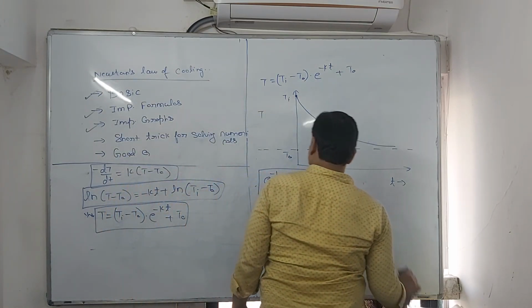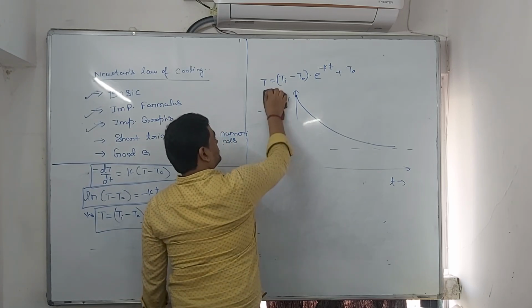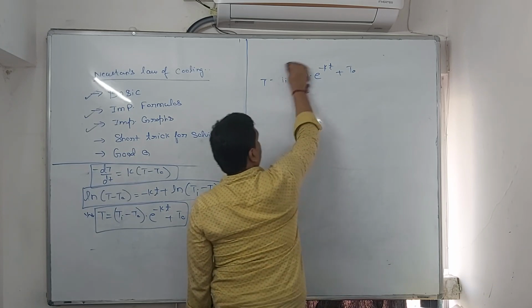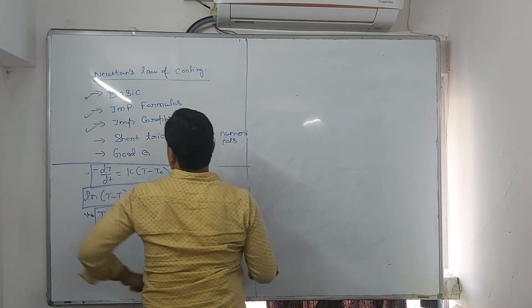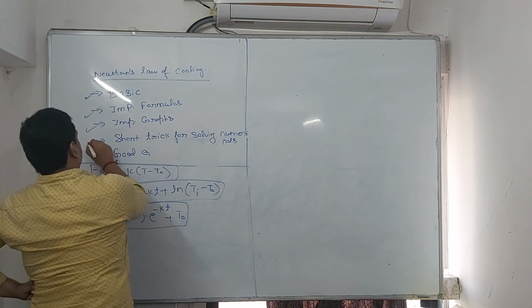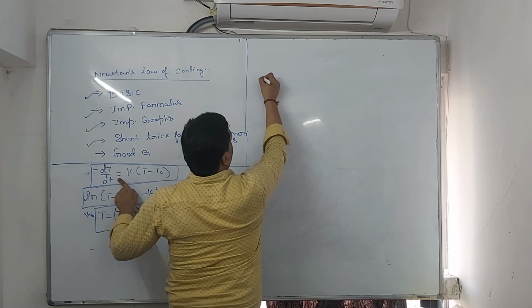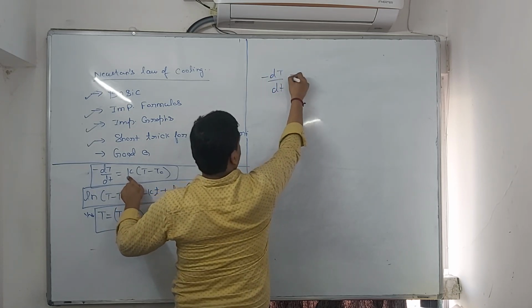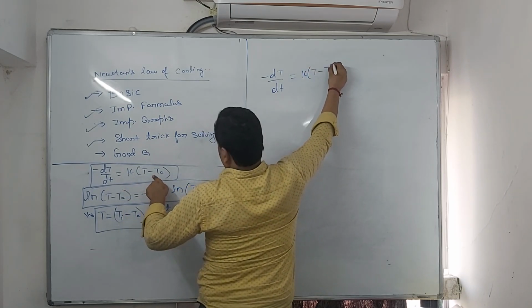For this short trick part, you have to understand that it is a linear function. It is following some linear relation, k into (T minus T naught).